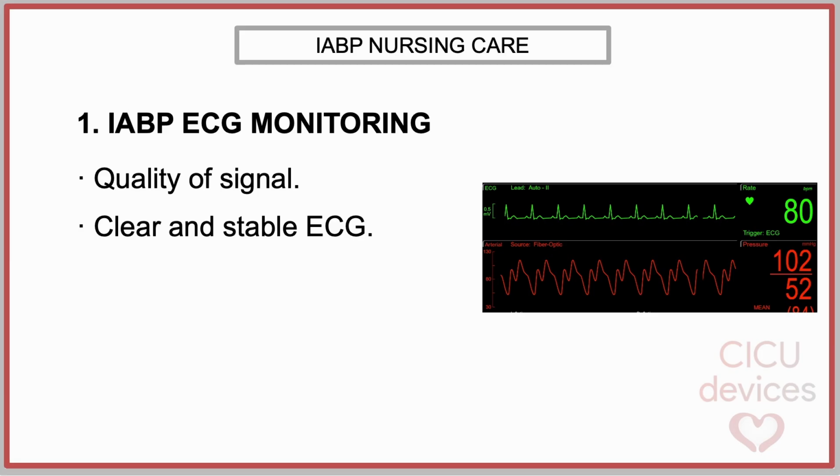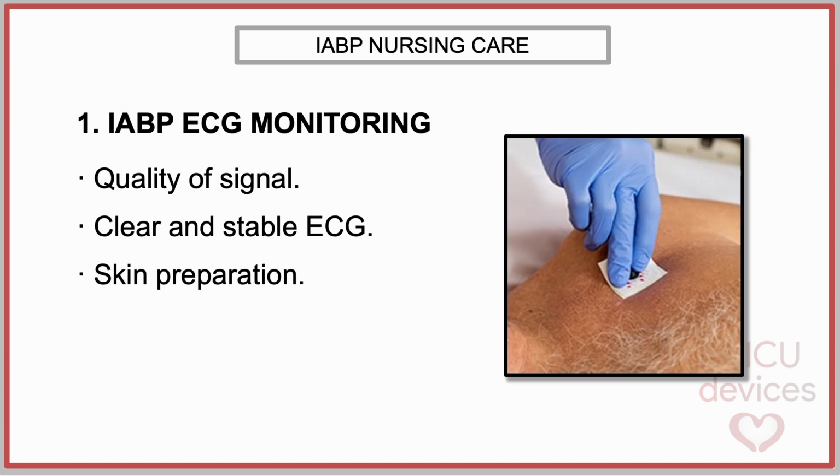When the ECG signal is suboptimal, the intra-aortic balloon pump may also misinterpret the R wave, double trigger, or even lose trigger. The skin should be clean and dry, and when necessary, gently abraded to reduce impedance and improve electrical conduction.